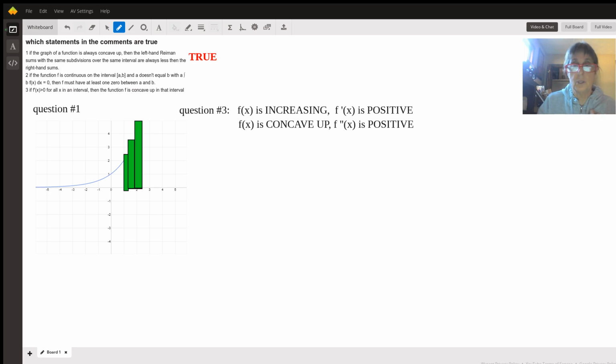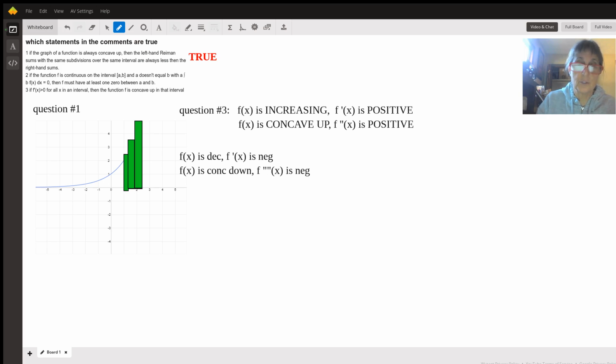And then you can do the same thing with decreasing, just for the fun of it. If f of x, the original function, is decreasing, then f prime of x is negative. If the original function f of x is concave down, that means that the second derivative is negative.